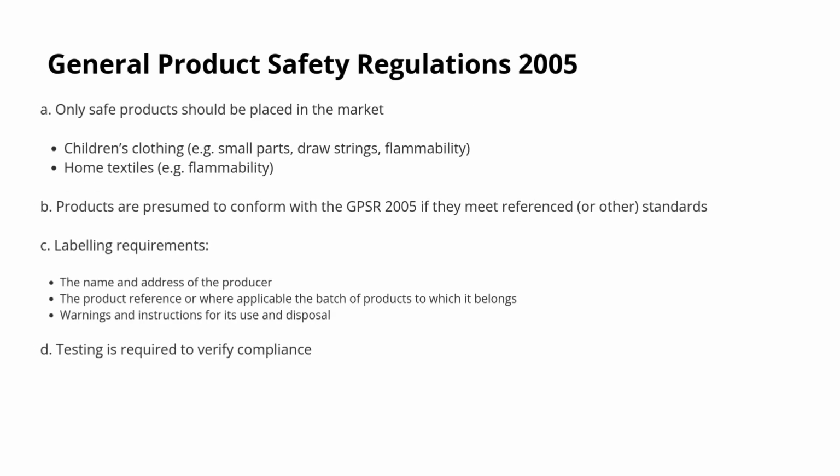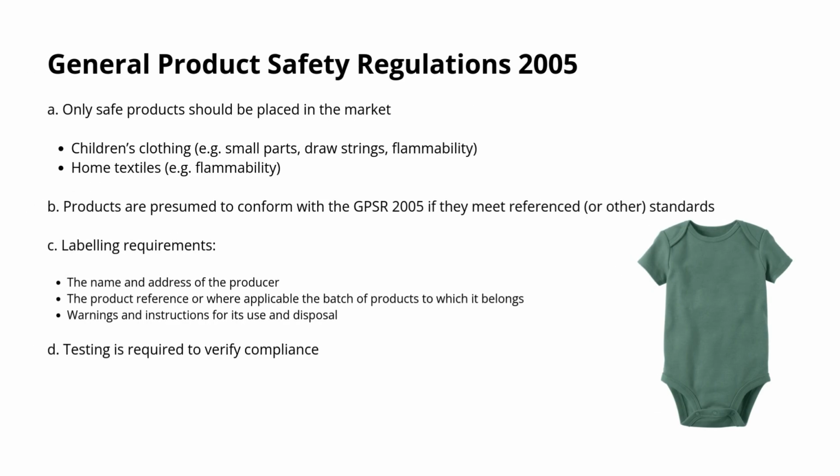Right. Now we have the GPSR 2005 that should not be mixed up with the EU GPSR from 2024. That being said, they are very similar. I would say that the core principle is really the same. Now, what the GPSR 2005 states is that all products sold in the UK must be safe. All consumer products sold in the UK must be safe. And the way safety is defined really depends on the product.